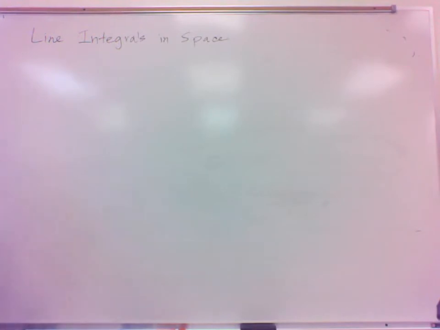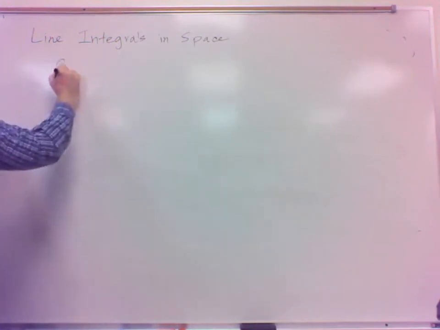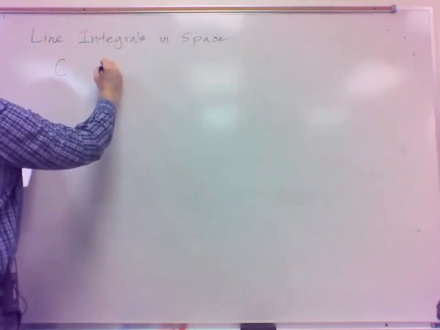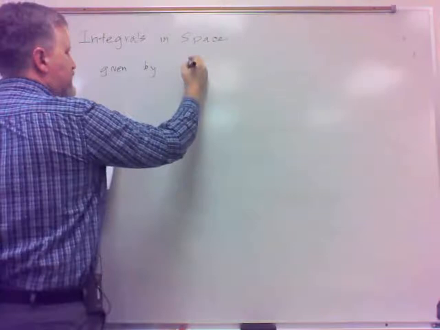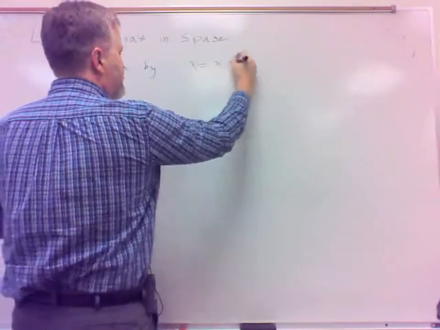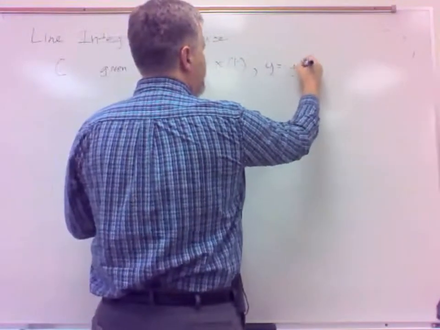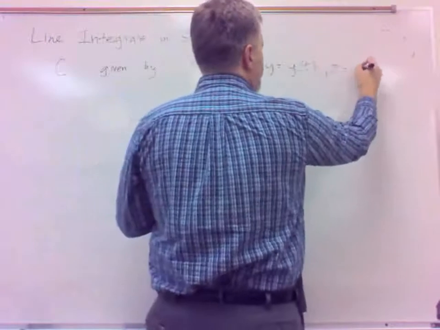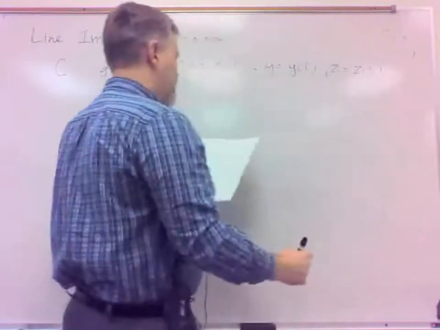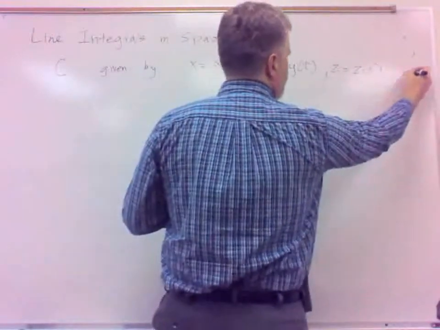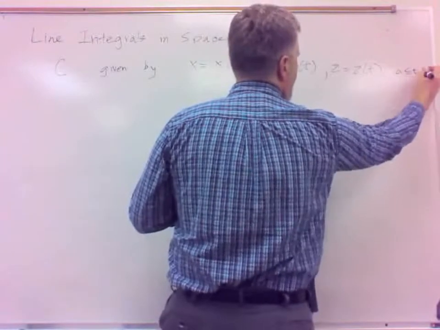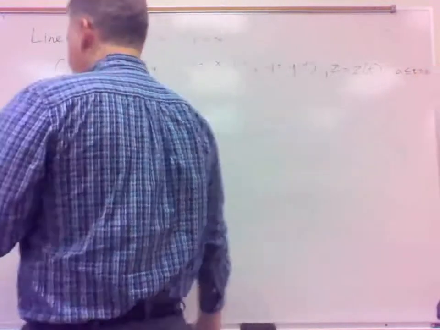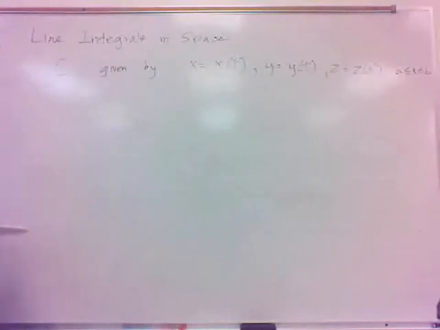All right, so we're going to suppose we've got a curve C given by x equals some function of t, y equals some function of t, z equals some function of t, and t is running from A to B. That's what we got then.